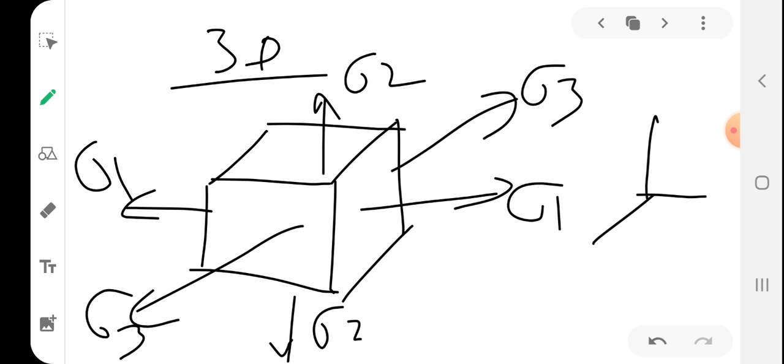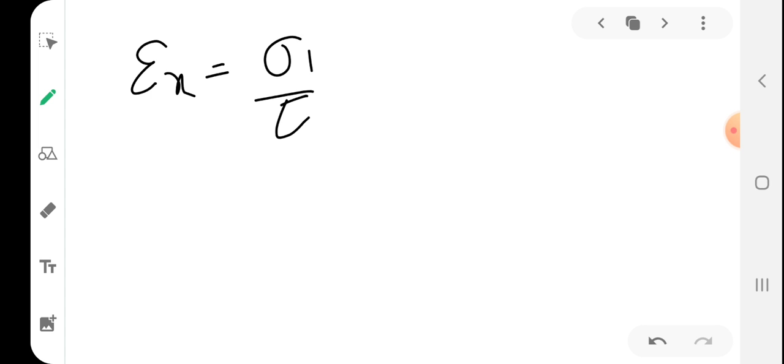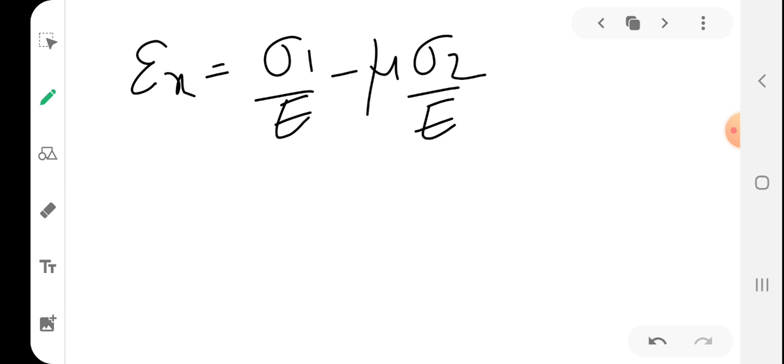So this is x, y, z. Here in the x direction, epsilon x can be written as sigma 1 by E minus mu sigma 2 by E. But since this is 3D, one more term will be there, minus mu into sigma 3 by E.